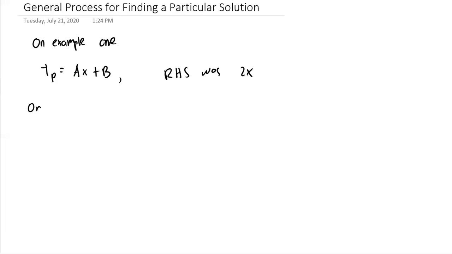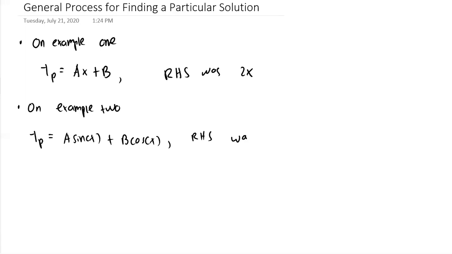In example 2, our particular solution was, I think, a sine x plus b cosine x, and the right-hand side was 2 times sine of x.